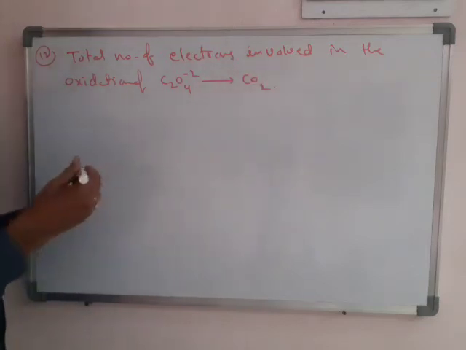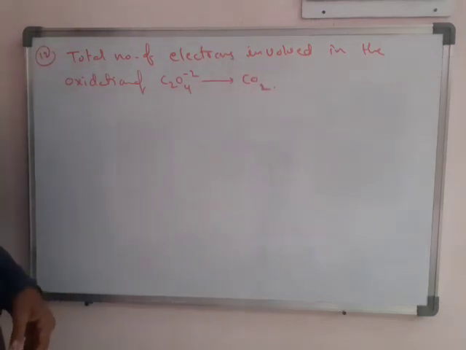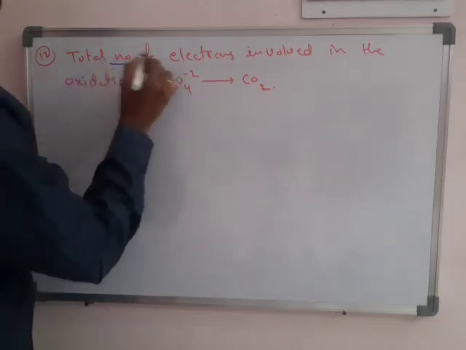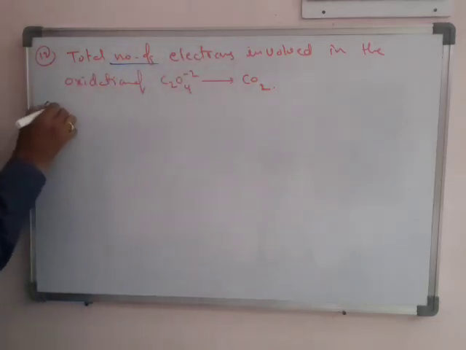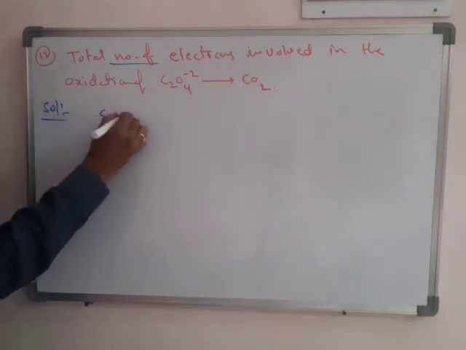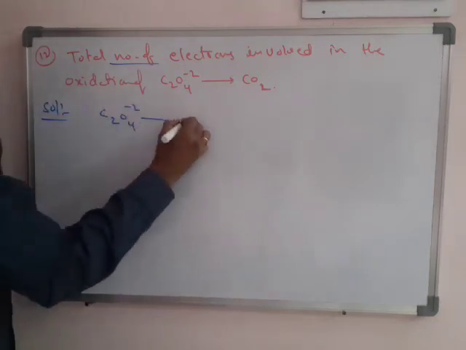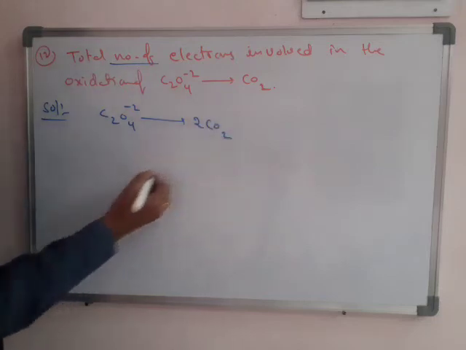So we know that an oxidation reaction is given. So we have to find the number of electrons. First we have to balance the reaction. Okay, balance that change, to carbon dioxide.